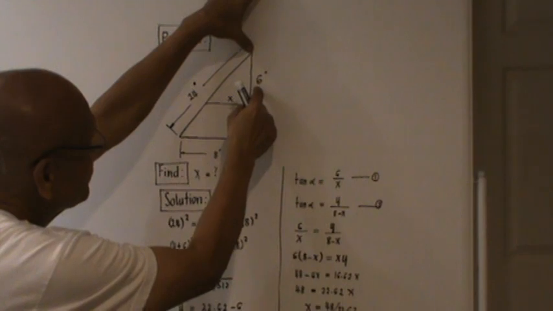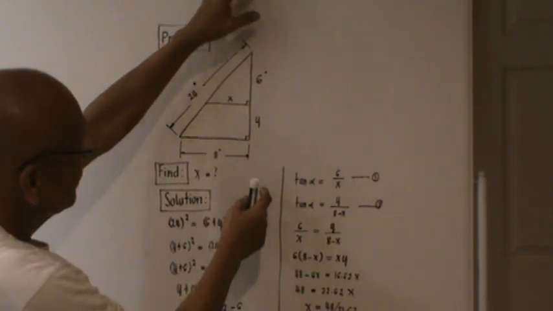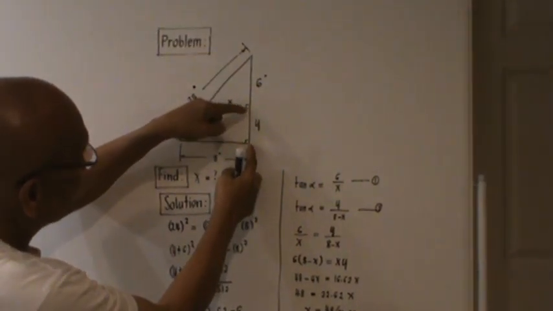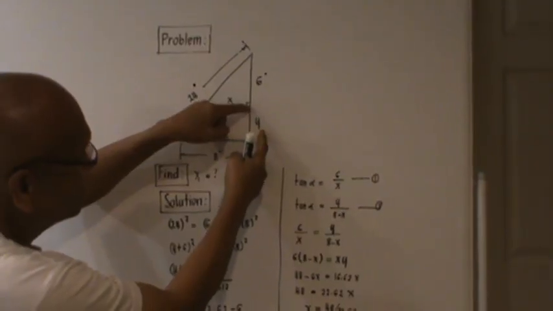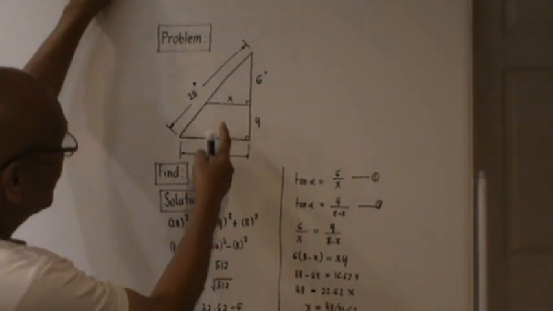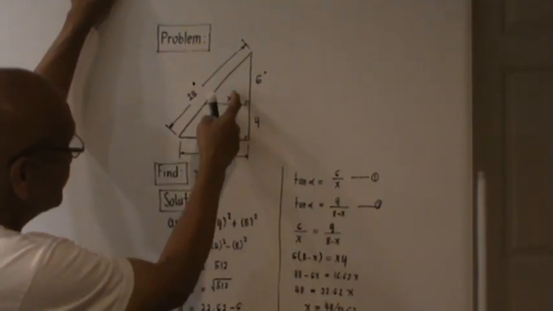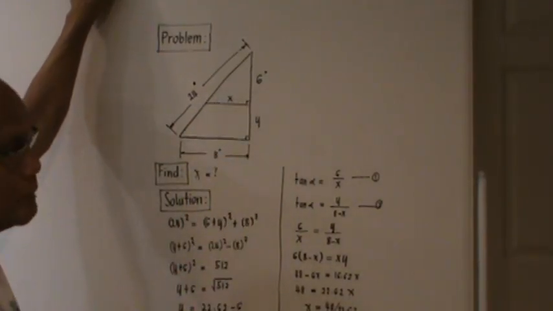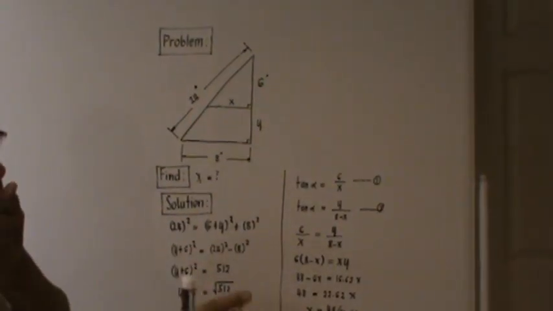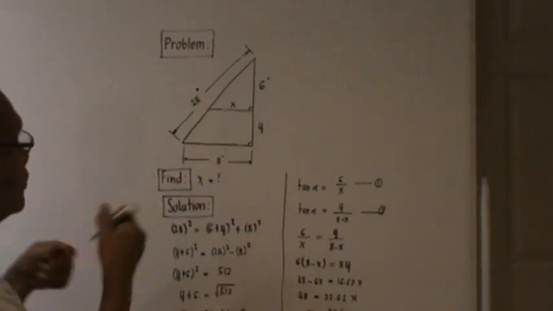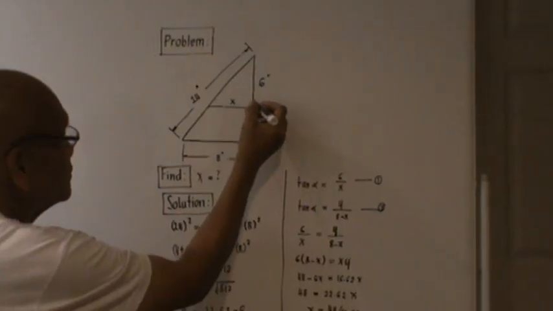It is 6 inches. And the height of this one is just designated y. And this horizontal distance is just designated x. The problem is asking what will be the value of x.